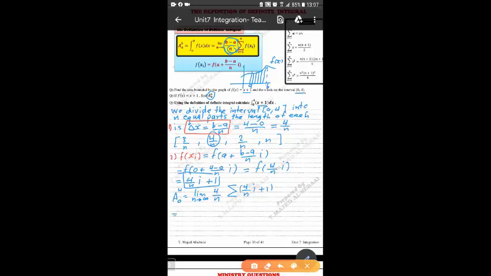How can I do that? I would say equal to the limit as n goes to infinity. 4 over n, I will not touch it. Now I will divide this summation into this and this. This is a function and this is a function. I can divide it into two. It will be summation, and as you can see, I'm not writing i equals 1 to n.